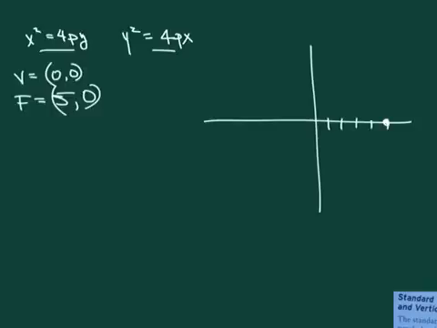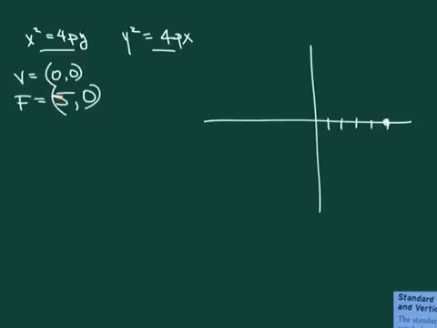Alright, so what is p? P is always going to be this number right there. In the focus, it's going to be that distance from the vertex. The vertex is at 0, 0, focus is at 5, 0, so therefore the p is going to be this number here.